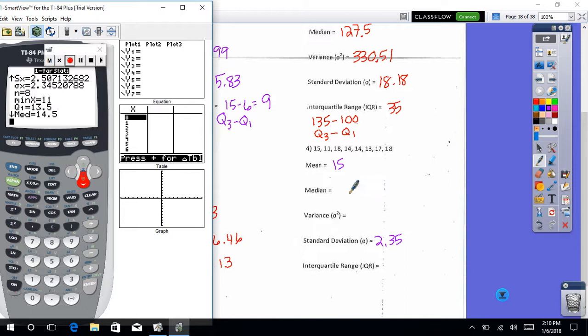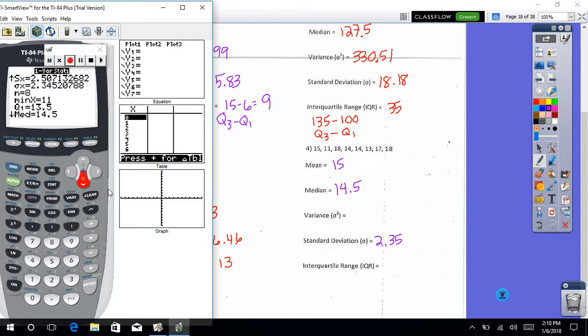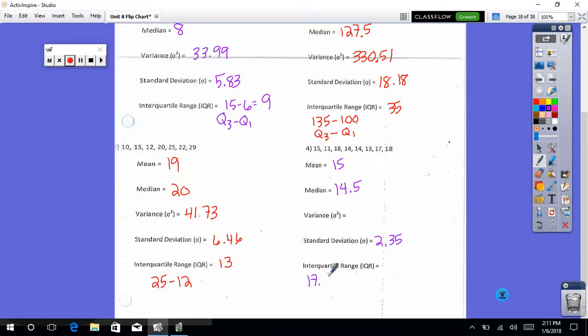Median 14.5. Quartiles, 17.5 minus 13.5 leaves us with an IQR of 4.